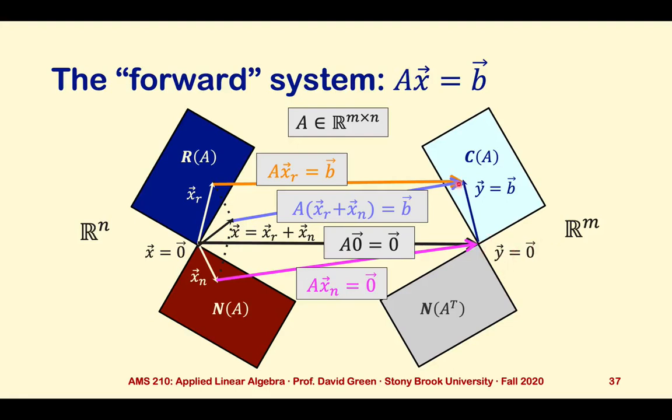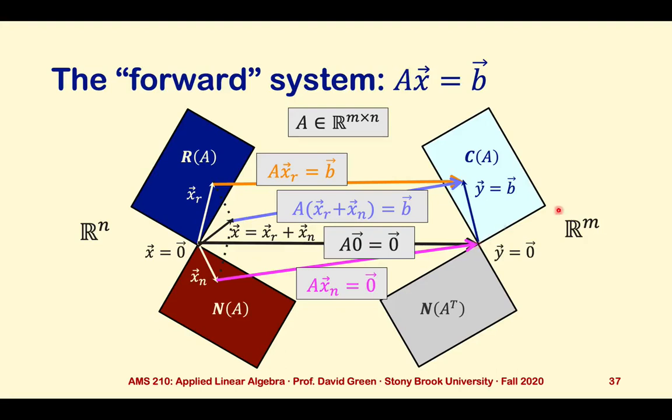But Ax = 0 can have more than just one answer. If there's more than one answer, the solutions to Ax = 0 live in the null space. The null space is the set of vectors that, when we plug them into Ax, we get the answer 0.